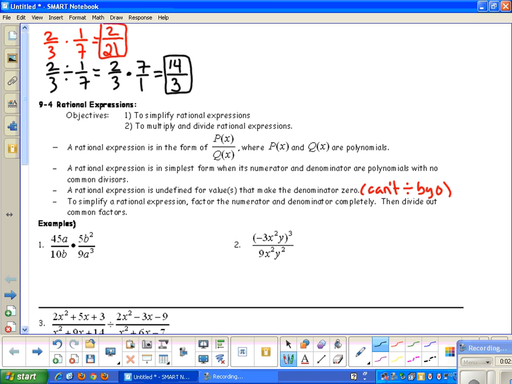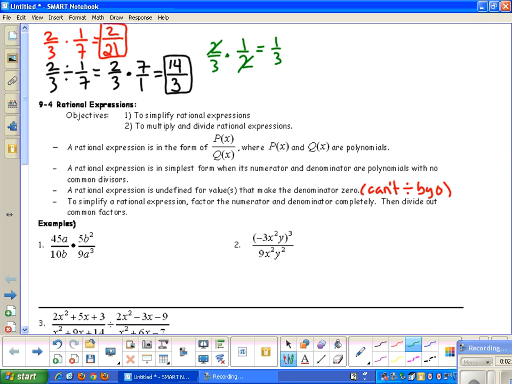Let's say instead we had something that did have a common factor. Let's say we had 2/3 times 1/2. Notice that we have a 2 in our numerator and a 2 in our denominator. Since they're being multiplied, we can cancel out those terms, and this would be equal to 1/3.